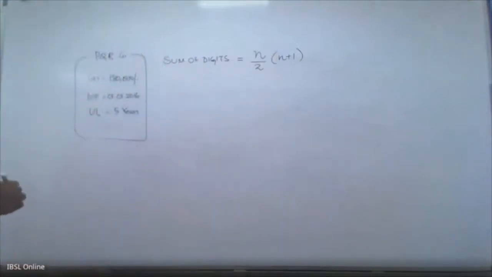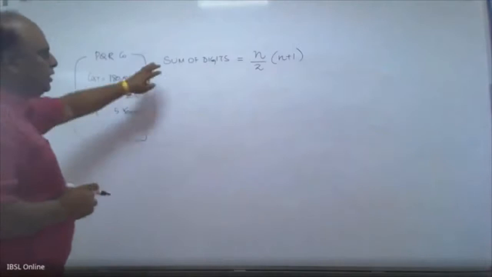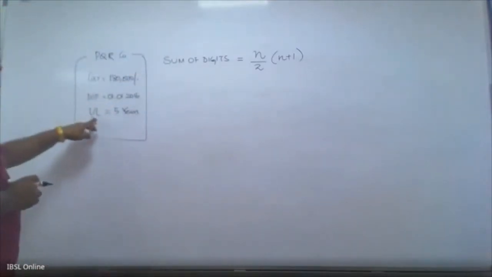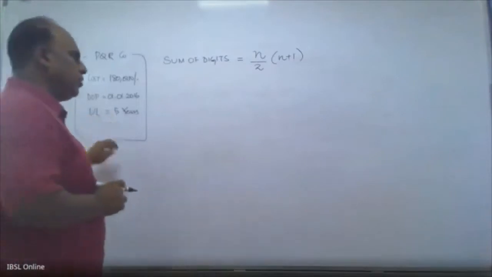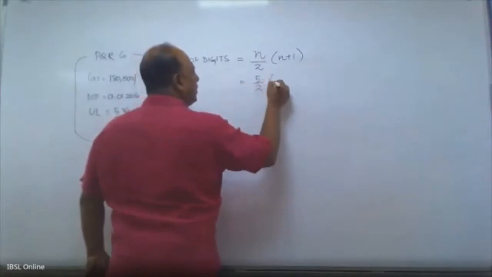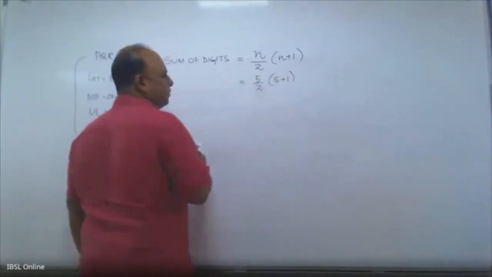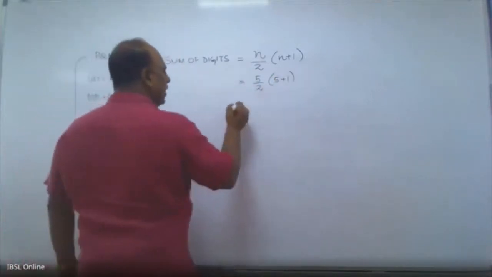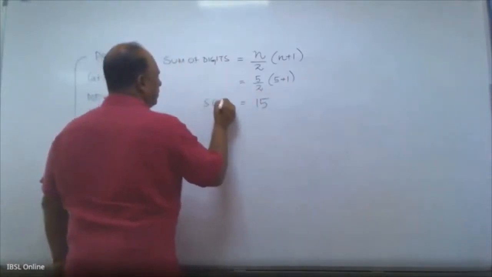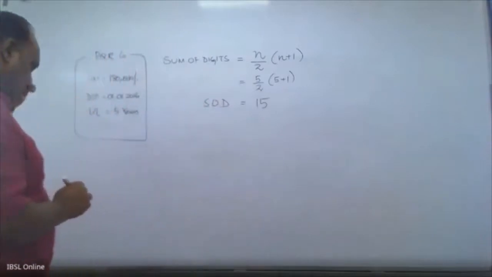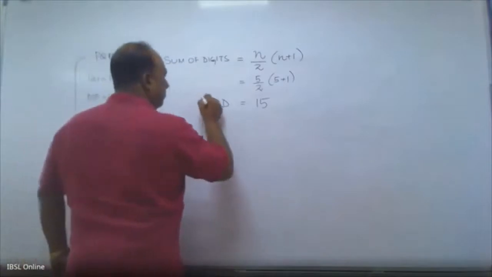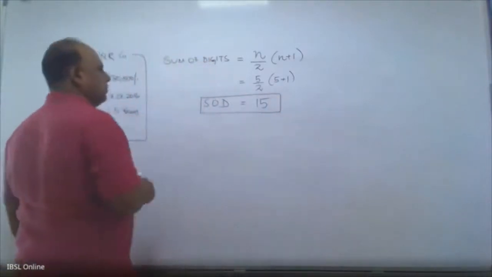So what do you mean by that? In this case, I need to calculate the sum of digits using the useful life of 5 years. So 5 divided by 2 into 5 plus 1, which means I get a sum of digits of 15.